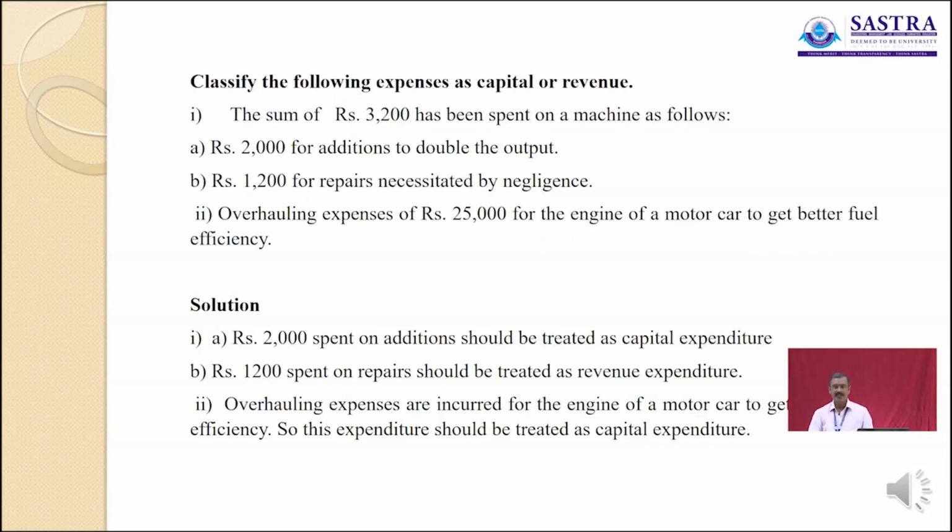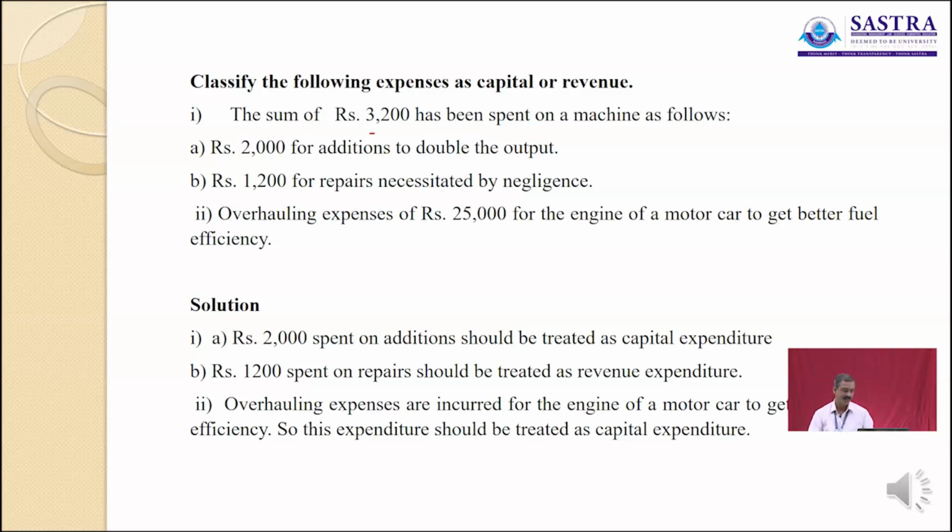This is the fourth example or illustration, and you are requested to classify the following expenses as capital or revenue. The sum of rupees 3,200 has been spent on a machine as follows.